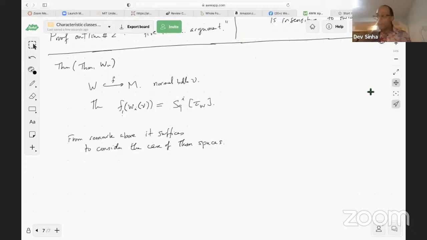But in fact, philosophically, I think of the characteristic classes as more fundamental than Steenrod operations. I think of two ways to come at Steenrod operations.